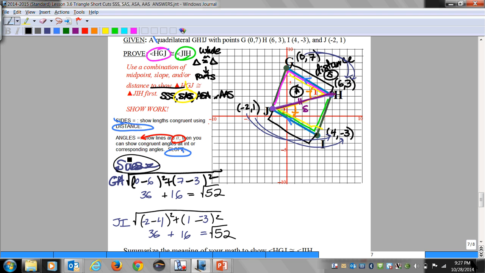Now I need to show that those same two sides are parallel. So now I'm going to find the slope of GH, and the slope of JI.